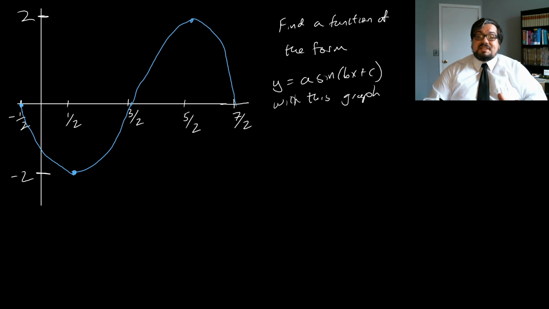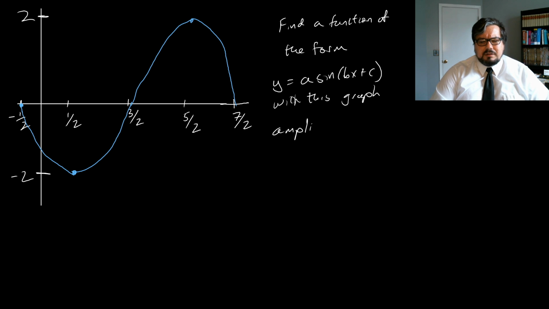Well, we want to start off the same way as we did before. We want to start off by identifying the amplitude, the period, and we're also going to figure out the phase shift. So the amplitude, in this case, we see that the graph goes down to -2, up to +2. The amplitude of this graph is 2.